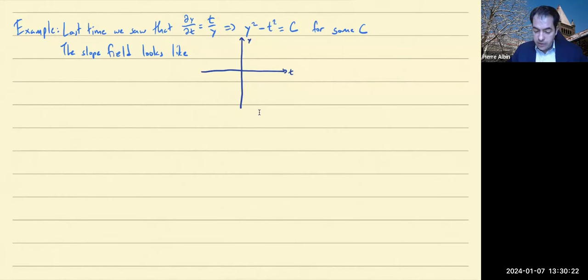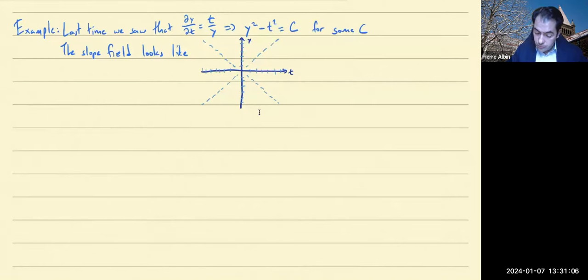If t is equal to y, then this quotient is going to be 1, so on this line our segments have slope 1. If t is equal to minus y, then the segments all have slope minus 1. If t is equal to 0, then the segments all have slope 0. If y is equal to 0, it's not quite defined, but they want to have infinite slope, so we draw a segment going straight up and down.